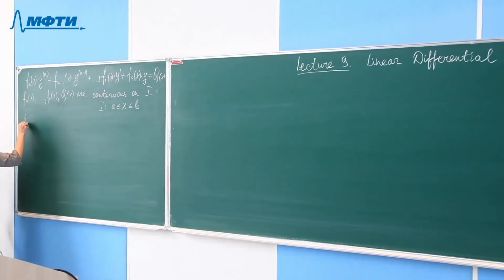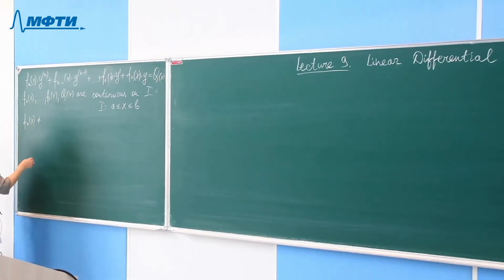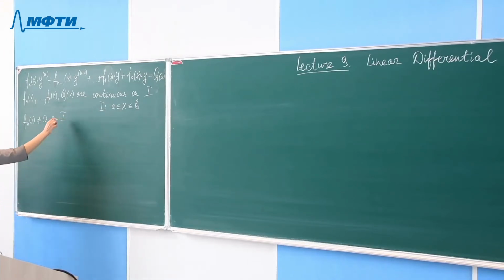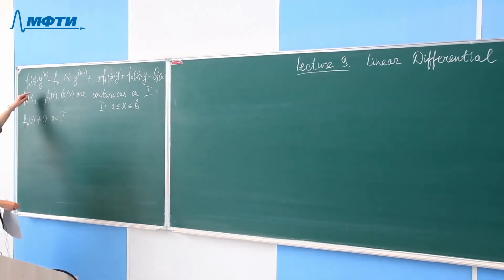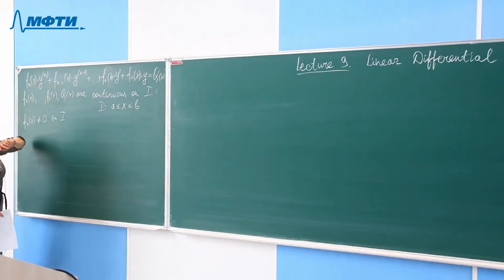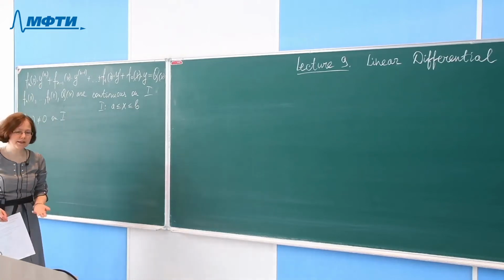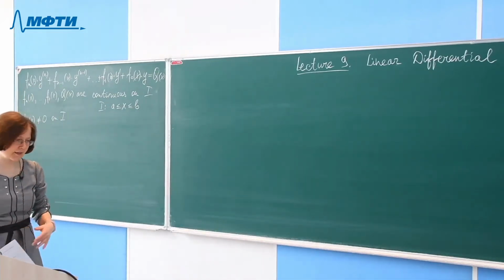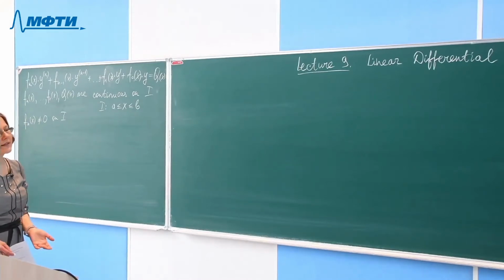And we also assume that the first function fn of x doesn't vanish on this interval. Okay, so this defines the nth order linear differential equation. It is linear in y and its derivatives up to order n. And now we discuss the solutions of this linear differential equation, the existence of solution.